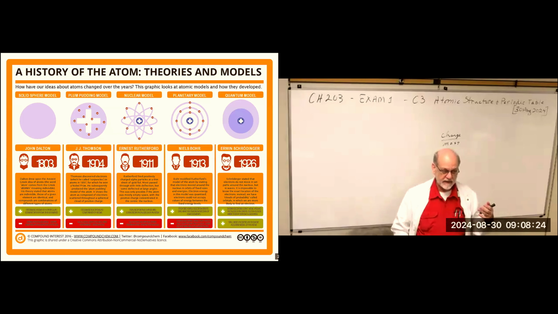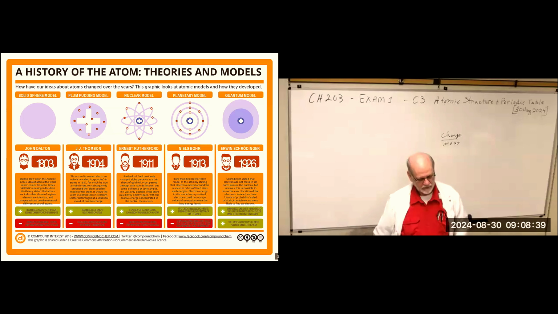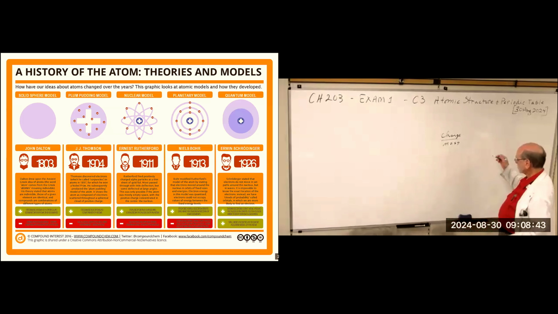So Rutherford said, in order to balance the charges, you need other positive charged particles, subatomic particles, to balance the charge, but they have to be massive in order to make up for the mass of each atom. So he proposed the nuclear model, and Rutherford said that the atom is made up of a densely packed nucleus with these positive particles in it.